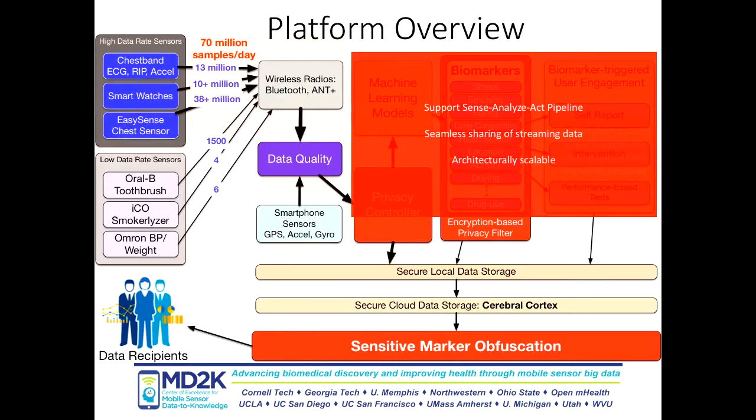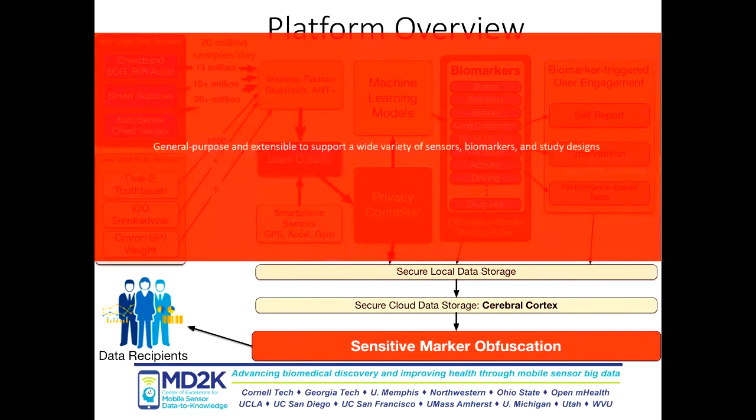It should allow seamless sharing of streaming data from multiple sensors to enable computation of multi-sensor biomarkers. We use this in the context of stress, smoking, and eating behaviors. Architecturally, it should be scalable to support concurrent computations of these biomarkers without saturating the computation capacity or the battery life of a mobile phone. And then finally, it should be a general purpose and extensible platform that supports a wide variety of sensors, biomarkers, and study designs.